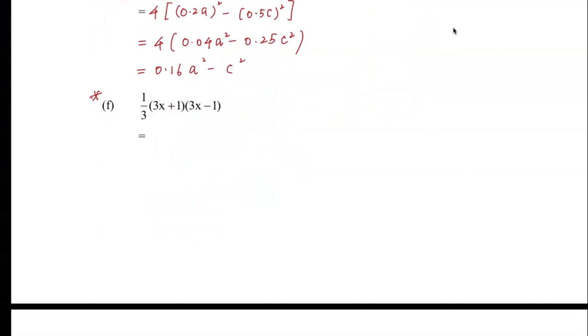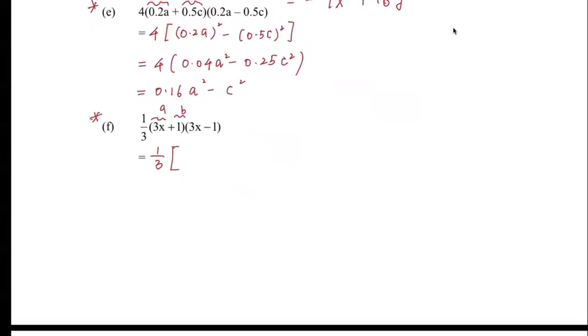For question F, again, if we see 3x as A, 1 as B, the answer should be 1/3, there should be a bracket, 3x squared minus 1 squared.